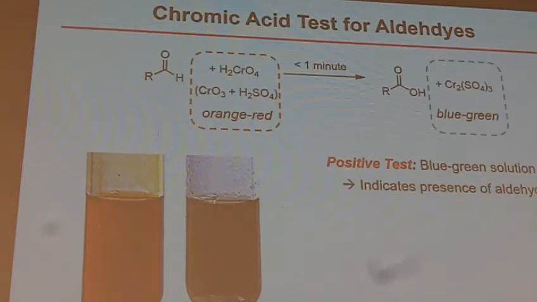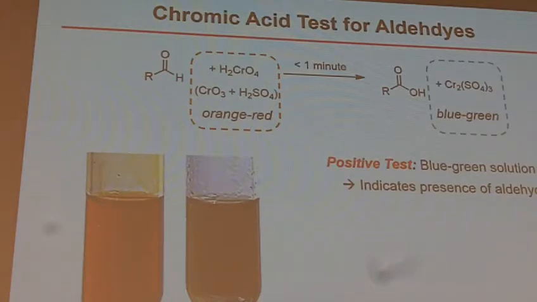Now with the chromic acid, you definitely need to wear gloves and definitely handle it in the hood. You also want to be really careful with dispensing it. It's very reactive towards all sorts of organic compounds. So when you put the one drop in your test tube, make sure you don't contaminate the dropper with any organic material.